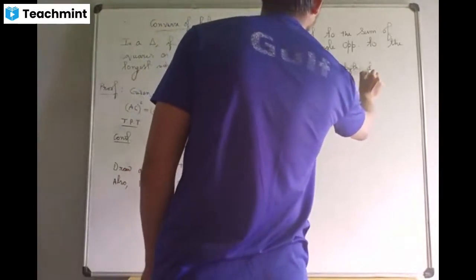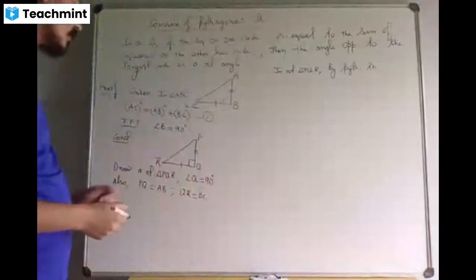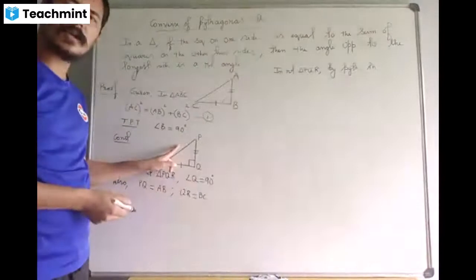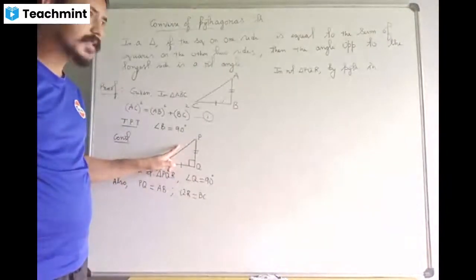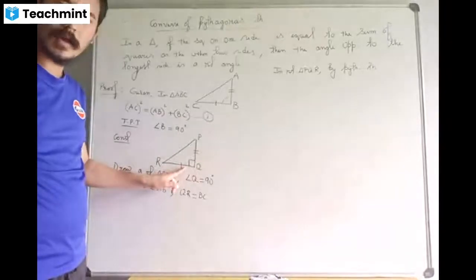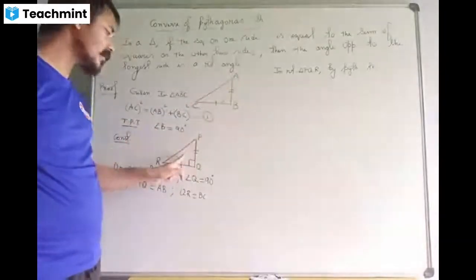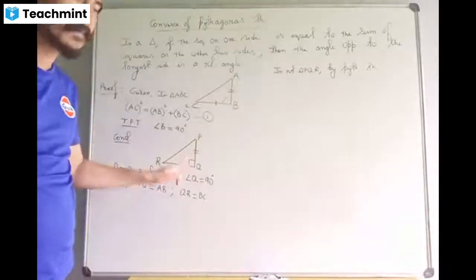Now this Pythagoras theorem says that the square on the longest side is equal to the sum of squares on the other two sides. That's your Pythagoras theorem. So we apply Pythagoras theorem in this right triangle.